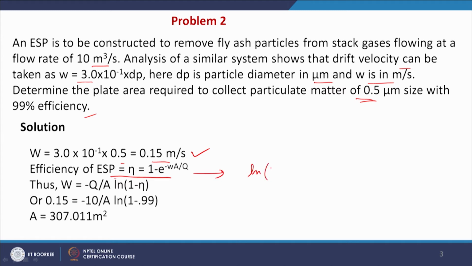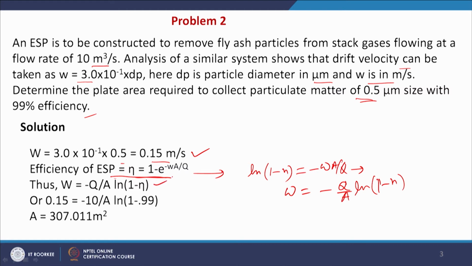We bring the 1 to this side, so 1 minus eta is equal to e to the power minus W A by Q. Then we take ln: ln 1 minus eta is equal to minus W A by Q, or we can get A is equal to minus Q by W into ln 1 minus eta. So, these are the expressions which we have written here.